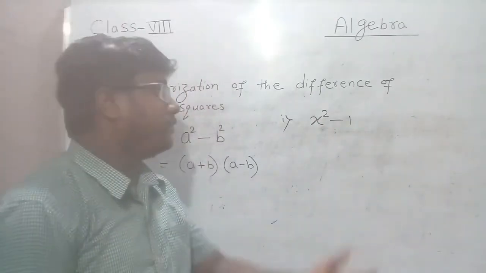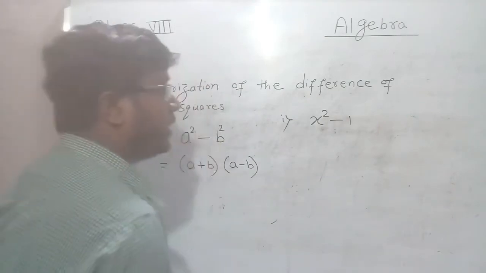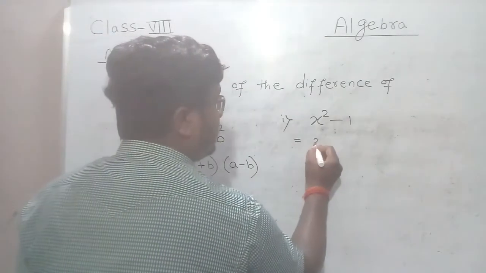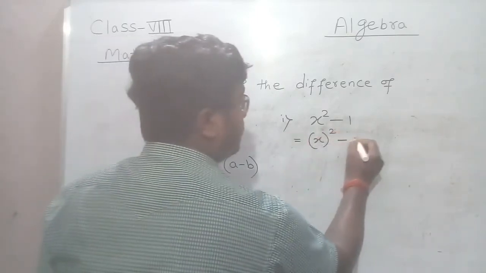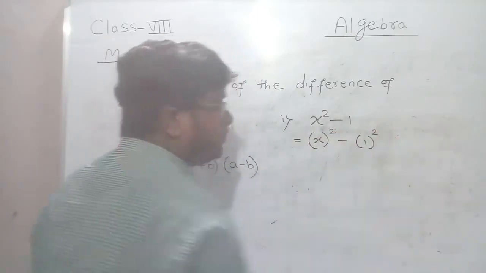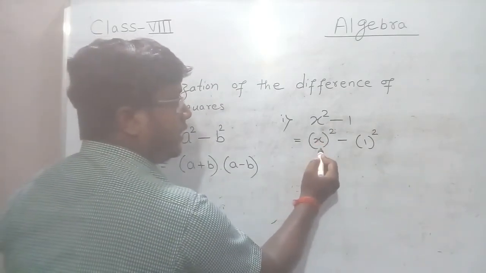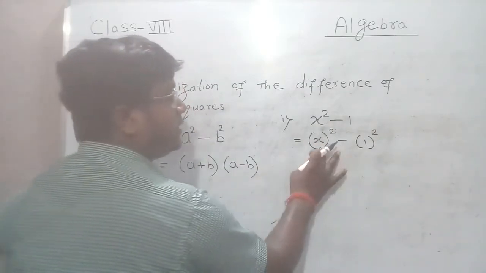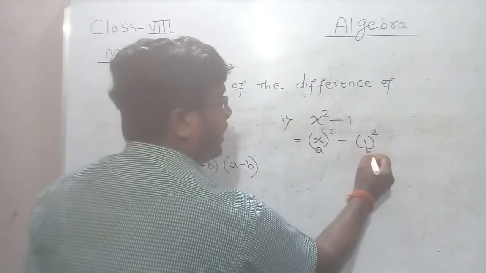Similarly, the question may come: factorize x square minus 1. So you need to find the factor of x square minus 1. We can write 1 as 1 square. Is there any problem? No. So we take x as a and 1 as b.